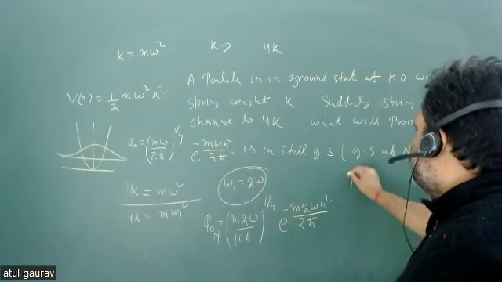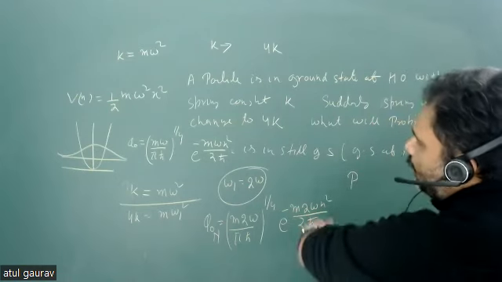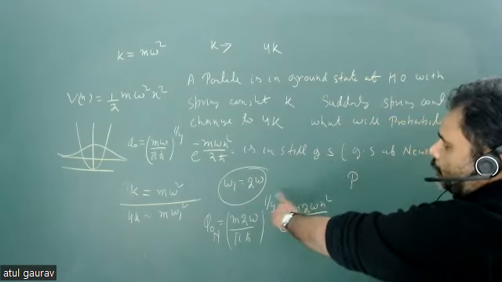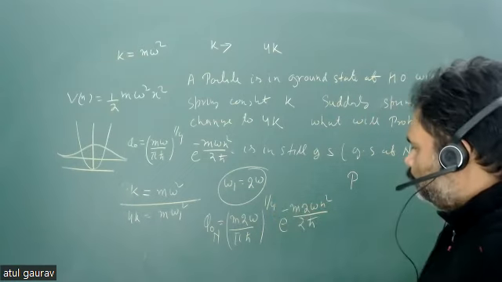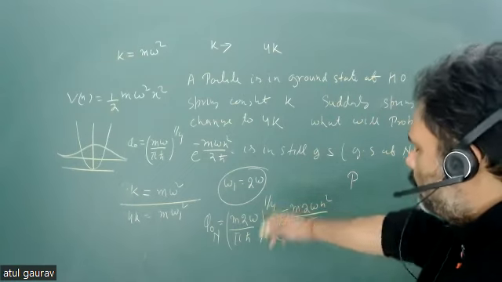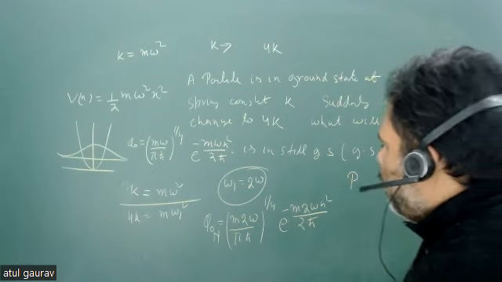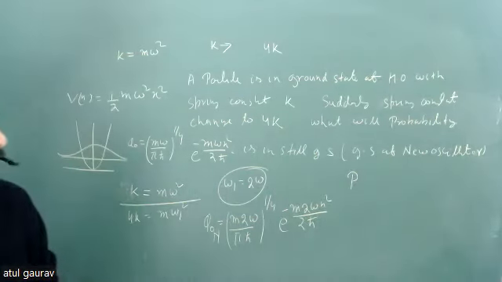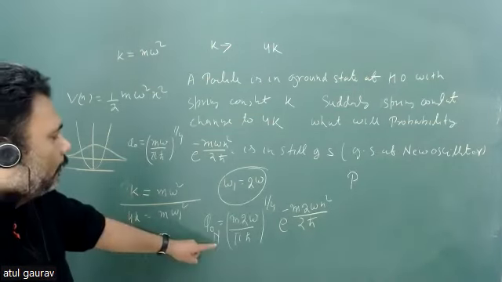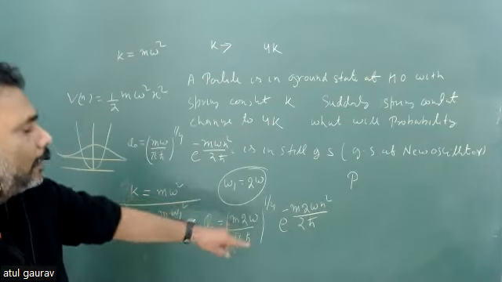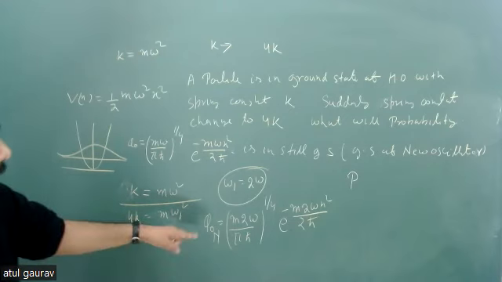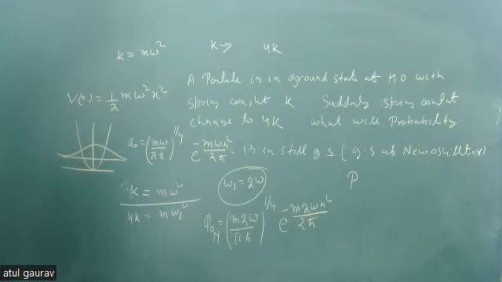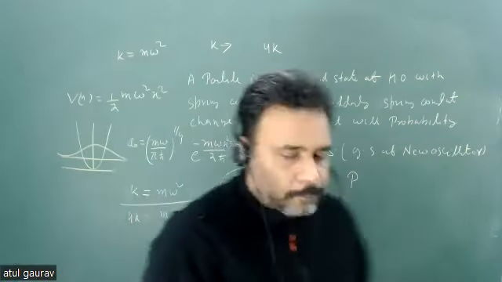So you have to calculate probability, and what will be the energy associated with this particular wave function? h cut omega, है ना? Yes sir. What will be the probability such that your particle will still be in a ground state, or in the ground state of the new oscillator? So how will you calculate it?